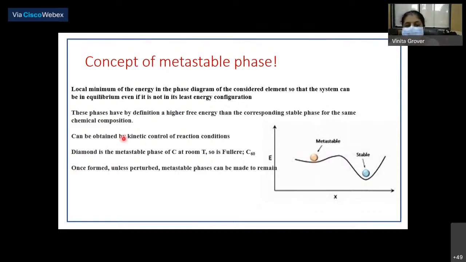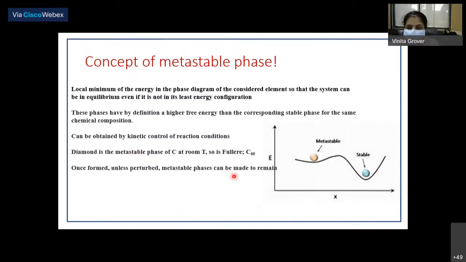For example, diamond is the metastable phase of carbon at room temperature. Otherwise, the stable phase of carbon at room temperature is graphite. Even though diamond is metastable, if it was not retained once being formed, all of us would have lost our jewelry, that would have been a big loss.